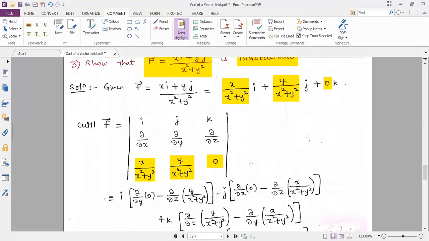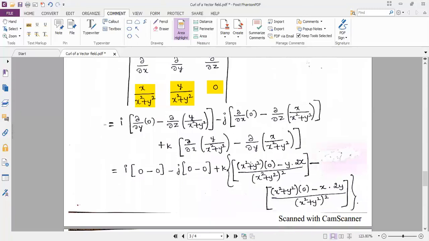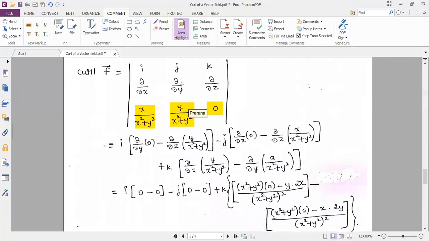On expansion of this 3 cross 3 determinant, we obtain i cap into dou by dou y of 0 minus dou by dou z of y divided by x square plus y square.